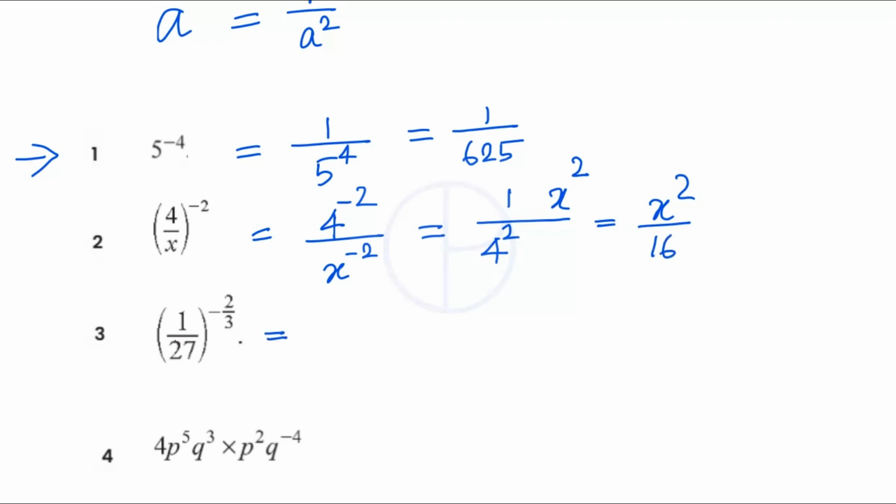And 1 over 27 can be written as 1 over 3 cube, power negative 2 over 3. Okay. When the number 3 power 3 goes to the numerator, you will get the power as 3 power negative 3.